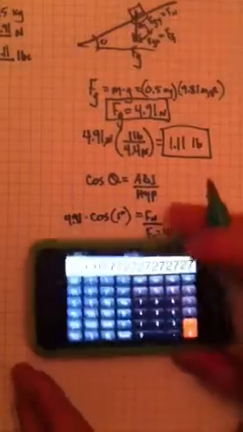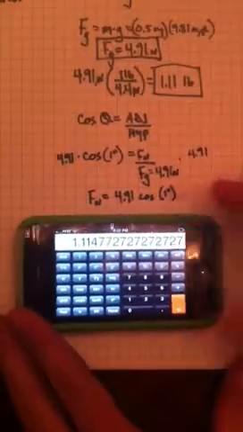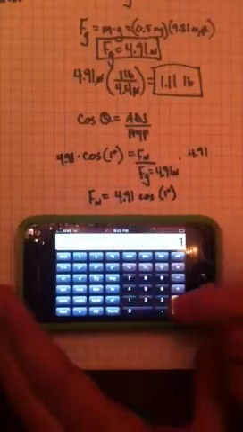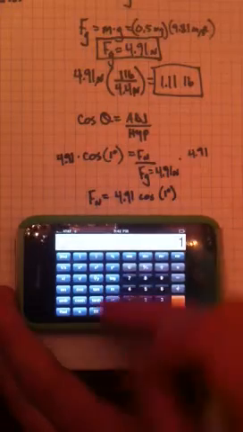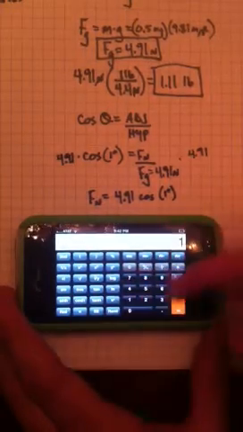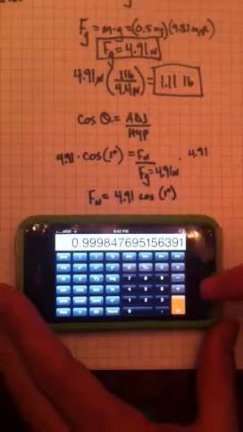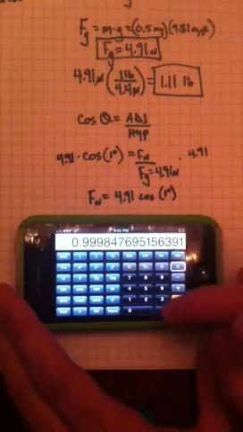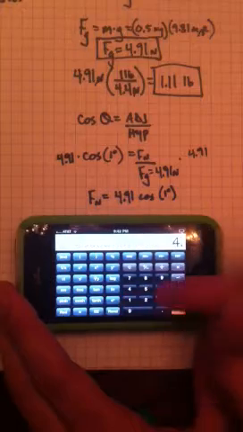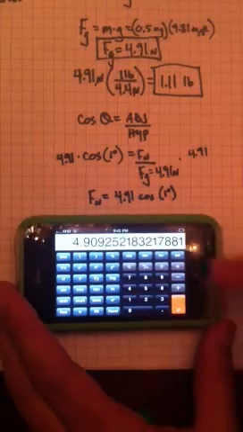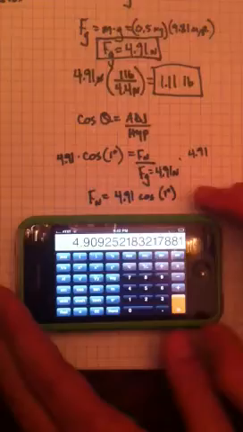So now I'm going to go back to my calculator and start to plug this in. I'm going to start with 1 degree. Cosine of 1 degree is 0.99 times 4.91 is going to be 4.9.